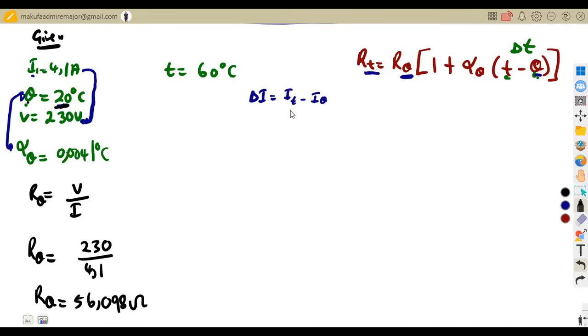So in order for us to have the total current, we need the total resistance, which we are going to calculate from our formula. We now have the initial resistance at 20 degrees Celsius.